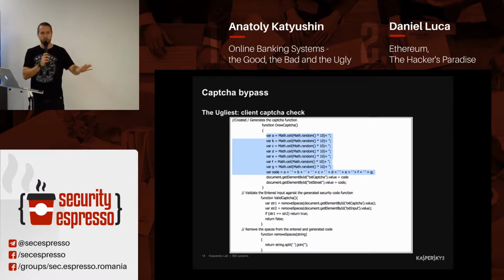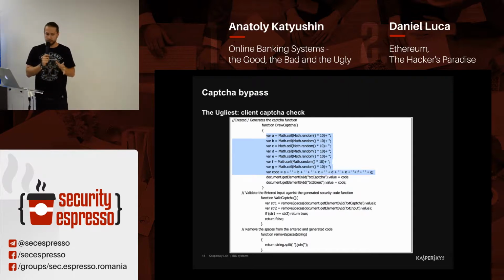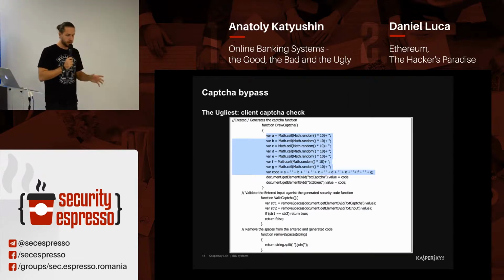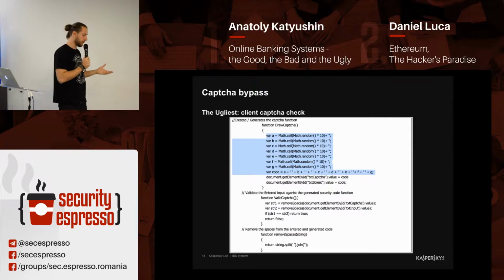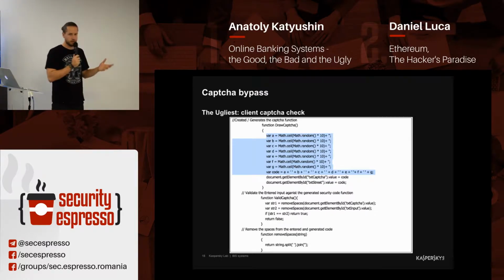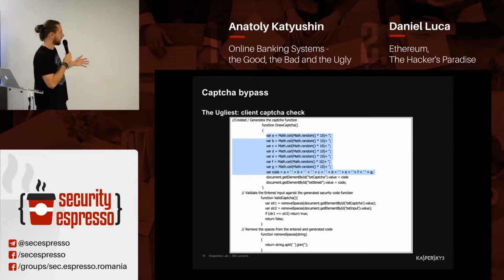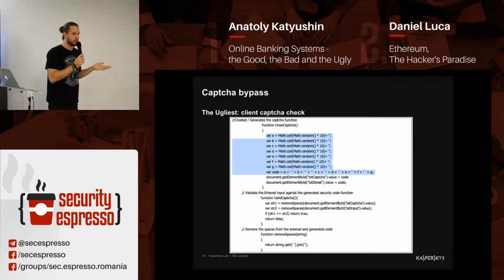Okay, a couple of words about mobile applications, mobile web applications. It happens that really often developers think that if there will be traffic from a mobile application, from a mobile device, then they can just disable all security features, not validate user inputs, disable captchas, enable external entities and something like that.